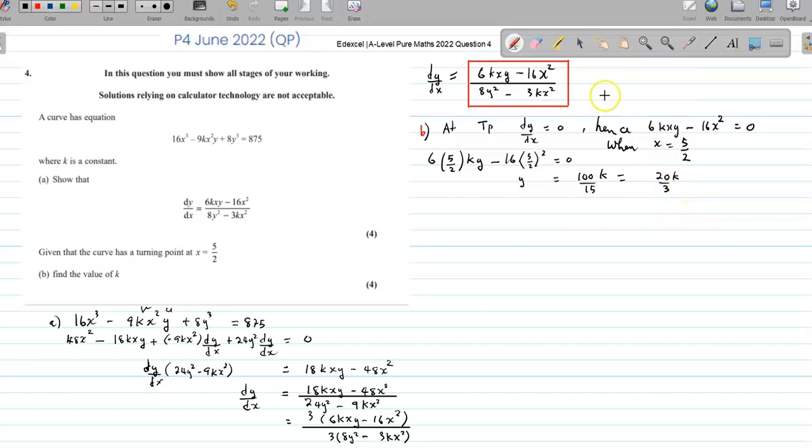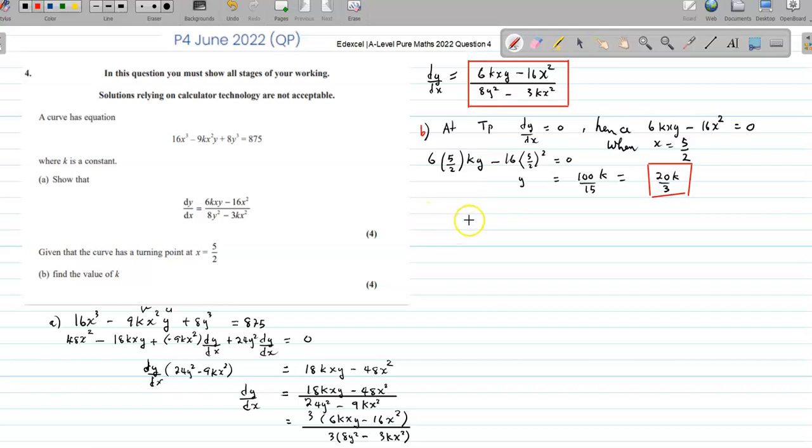So this value, we're going to substitute it into the original equation of the curve, and then we solve to find the value of k. So we're going to substitute this value into the original equation.